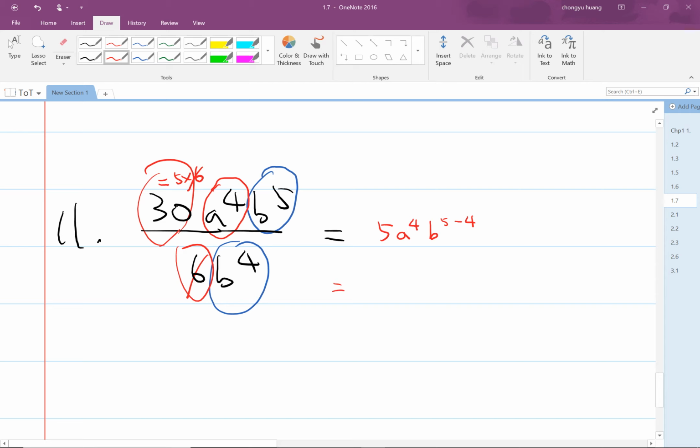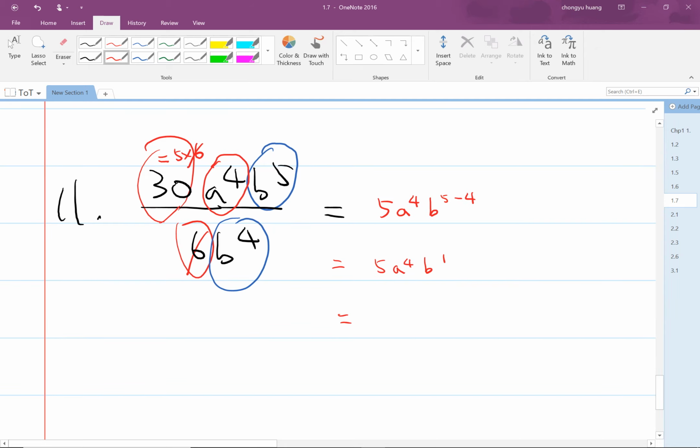So now we need to simplify a little bit. 5a to the power 4, and then b, 5 minus 4 is equal to 1, right? So this is the solution. You don't need to write b to the power 1. You just write a single b for the solution. So this is the answer for question 11, okay.